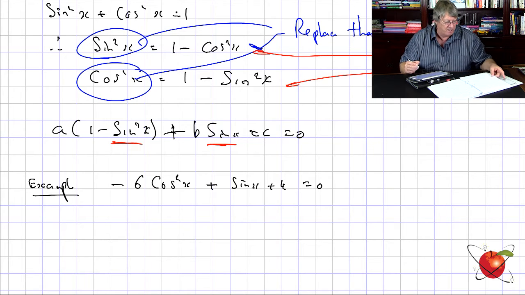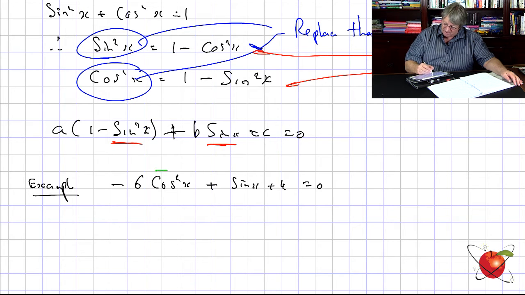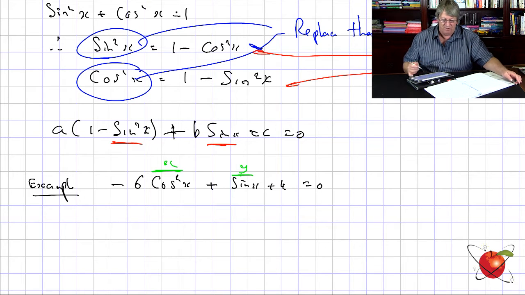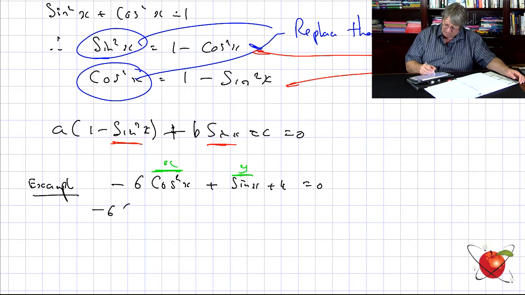I just want to check. Yeah, that's correct. Can you just look here? This is like an x and this is like a y, isn't it? They're not the same in the same equation, right? So what do we have to do? We have to do a replacement of the cos squared with the sine squared.